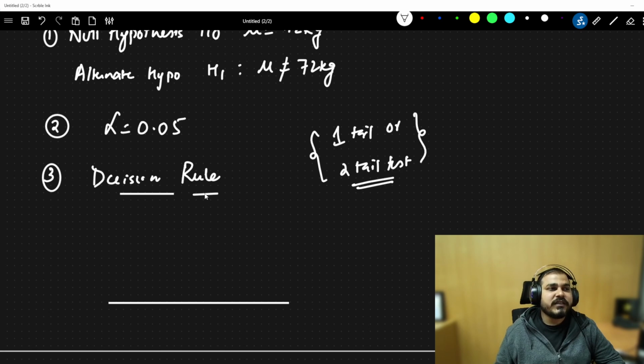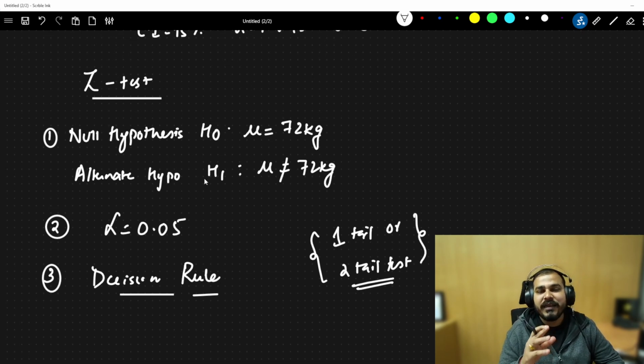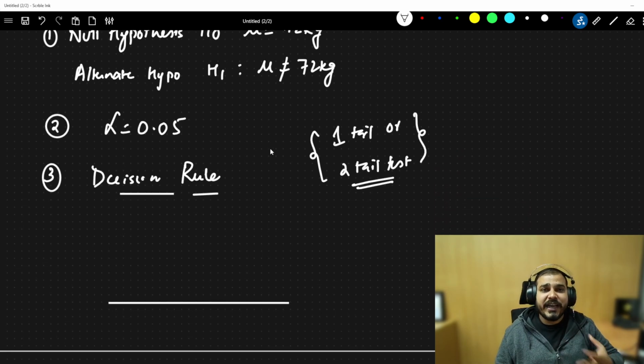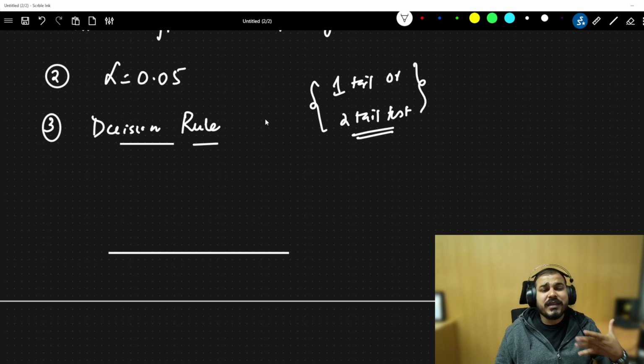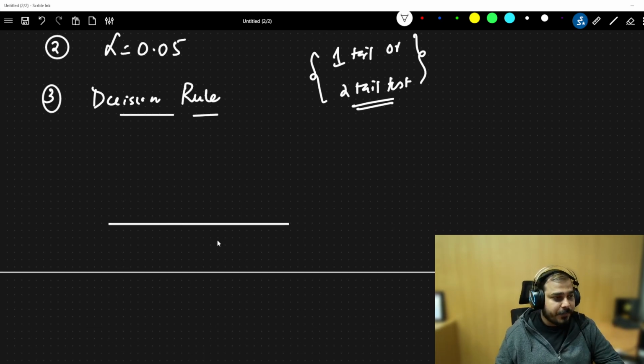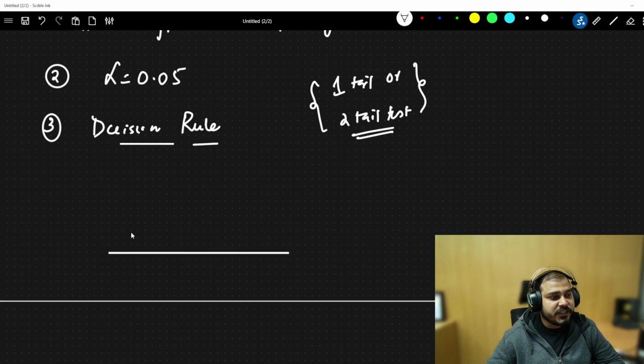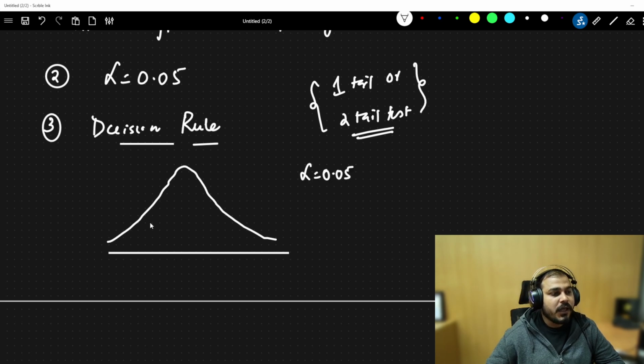If the condition was to check whether the mean is greater than 72, at that point we could use a one-tail test. But here my scenario is to check from the sample whether the mean is not equal to 72. It can be greater, it can be lesser. So while specifying the decision rule, understand that in a two-tail test, based on our alpha value 0.05, this will be our 95% confidence interval.